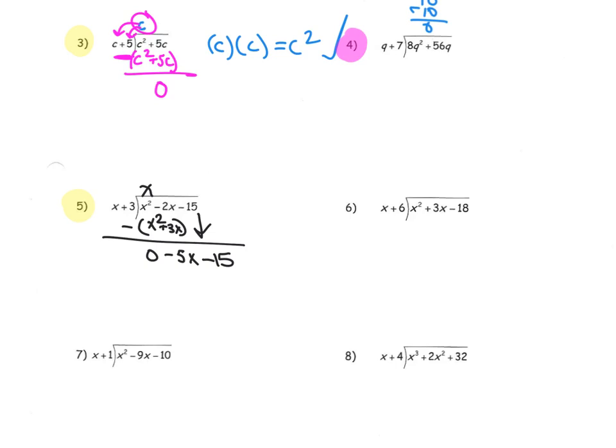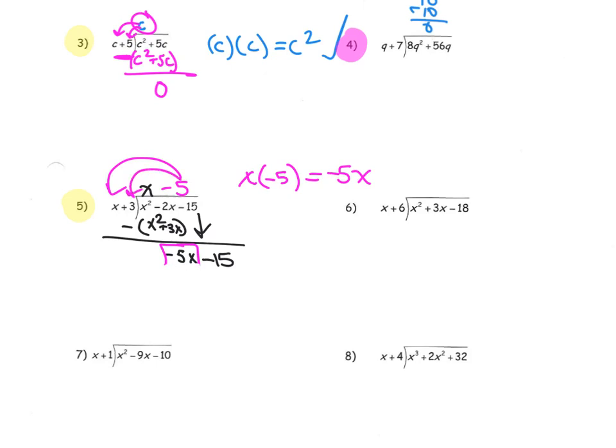If this is what I'm left with, now we want to see, how many times does x go into negative 5x? x times what is negative 5x? We're missing a negative 5. So now we multiply that negative 5 back in to each term.